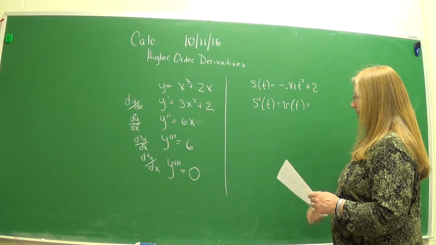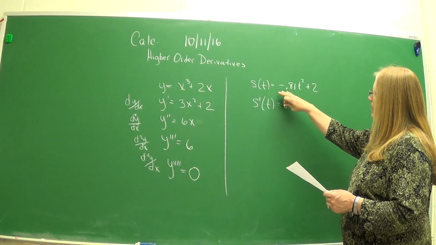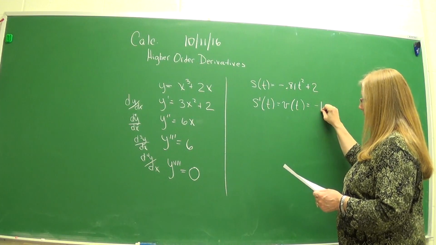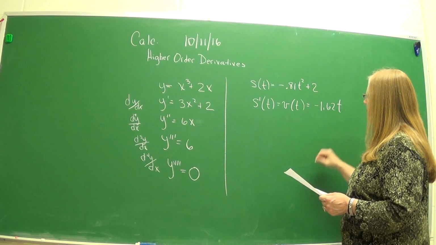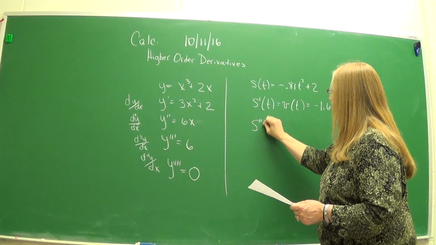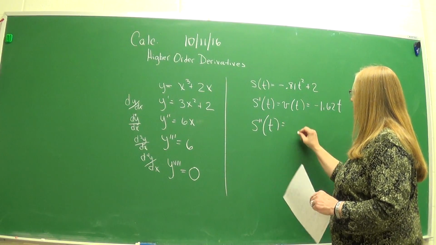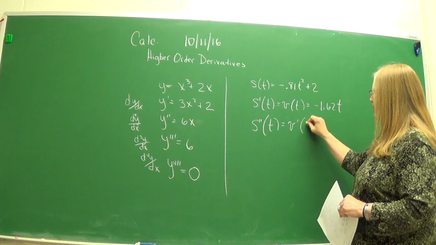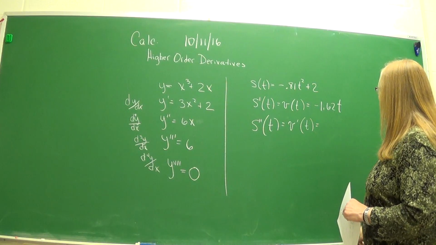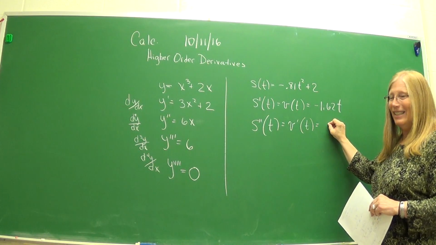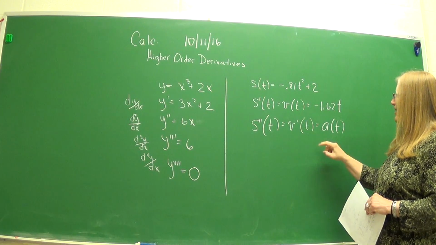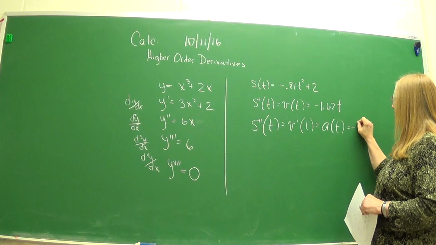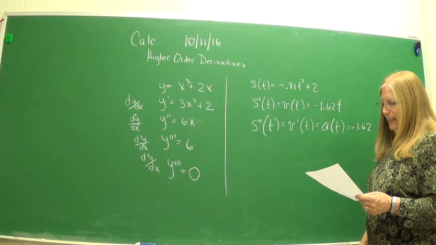So I take the derivative of that, and I get 2 times negative 0.18t, and that is negative 1.62t. And the second derivative is the first derivative of the velocity, and that is, guess what? Acceleration. So the second derivative of the position is acceleration, negative 1.62 in this case.